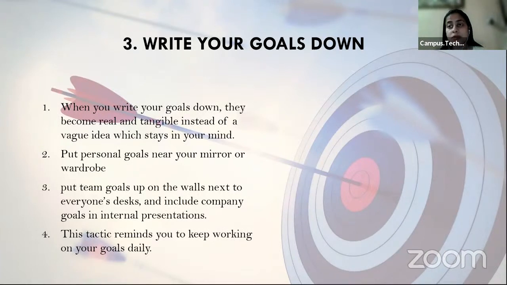So make sure your personal goals are kept in such a place, like on your study table, on the wall that you see, next to your mirror, or stuck on your wardrobe, wherever you see it regularly, at least twice or thrice a day.